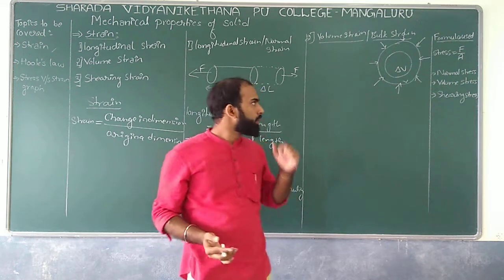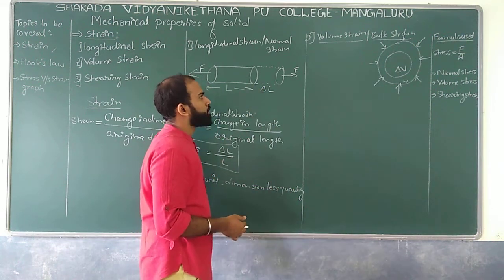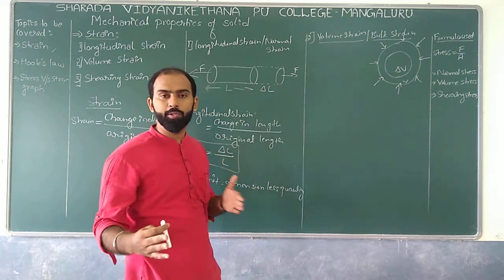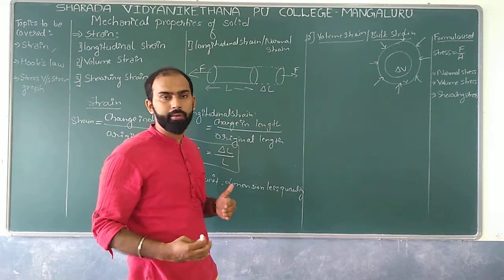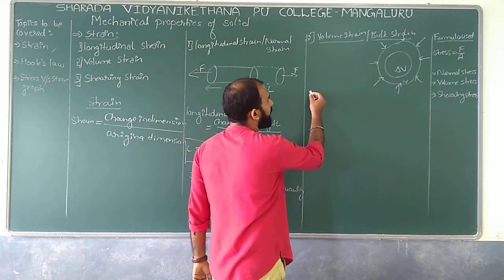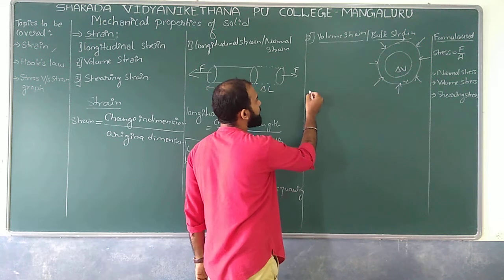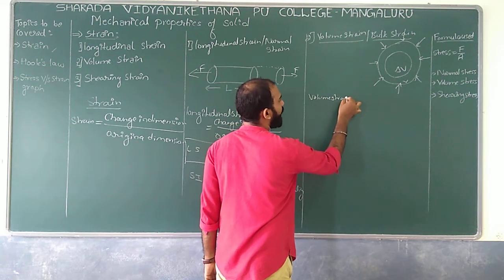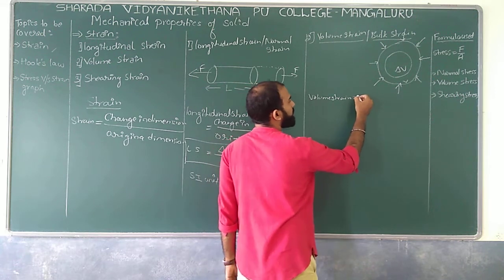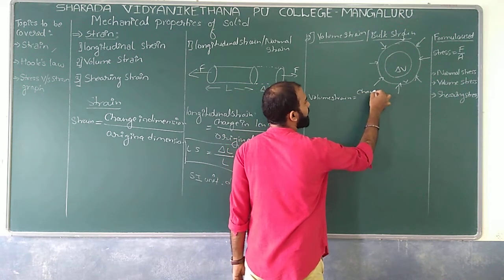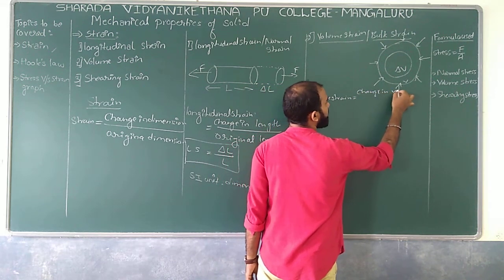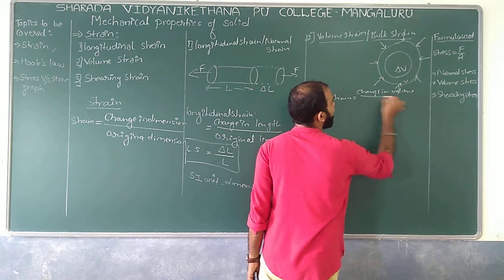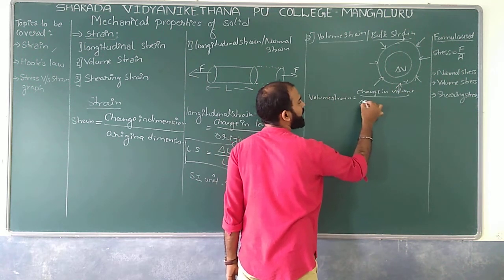Okay, keep that in your mind. So what is the formula for volume strain? That is very simple. The volume strain is equal to the change in volume divided by the original volume.